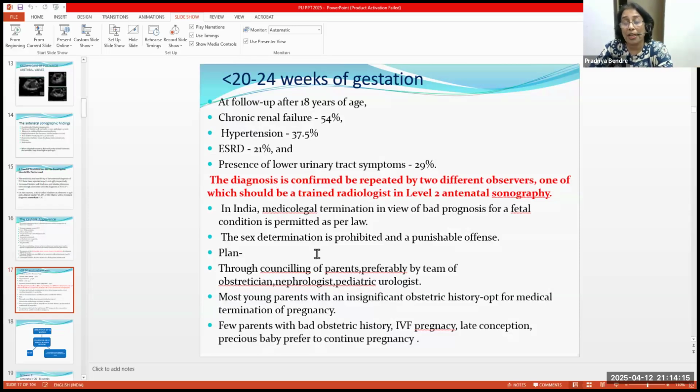Generally, the termination option is not given by the pediatric surgeon, but we just suggest that this child is likely to go into renal failure in the first two decades of life.